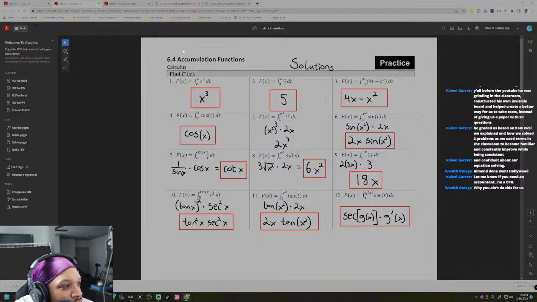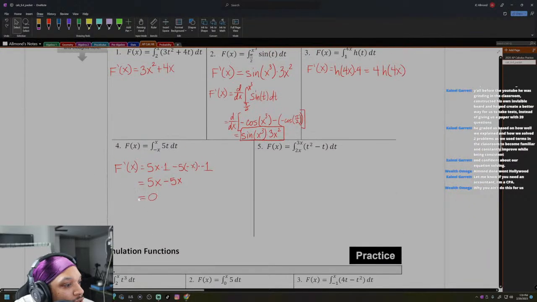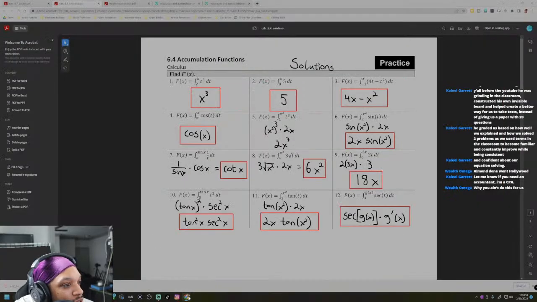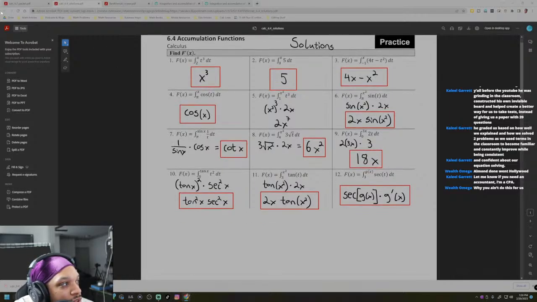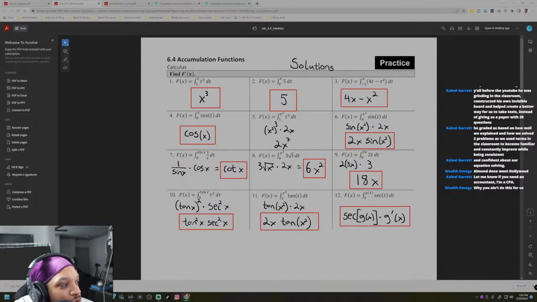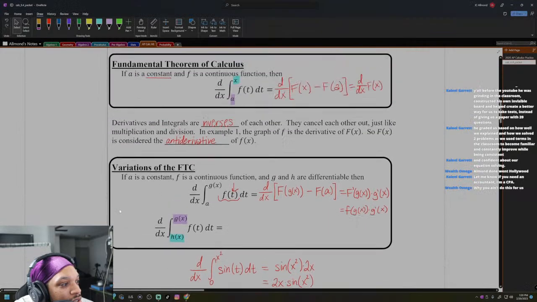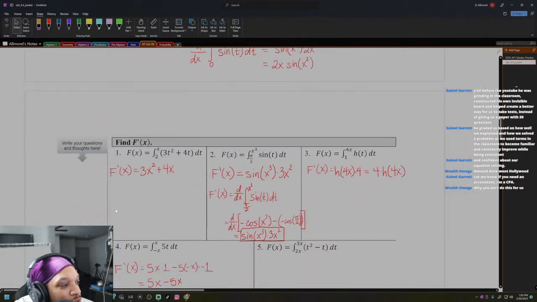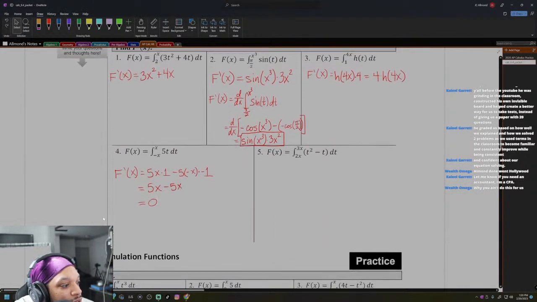Which one was it? Did we not do that one? Number 4. I think it's a different one. Well, it's 6.4 accumulation functions. I think it's the one below.